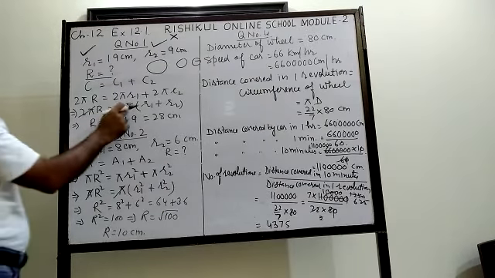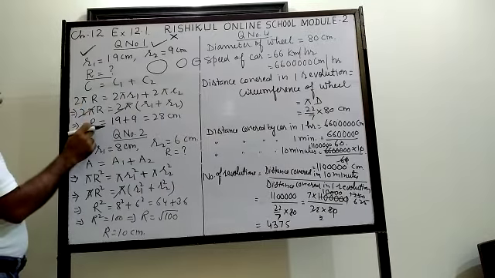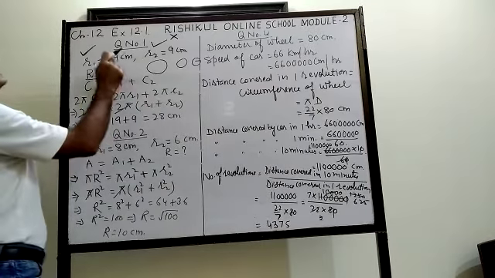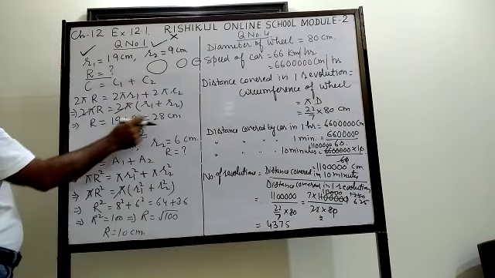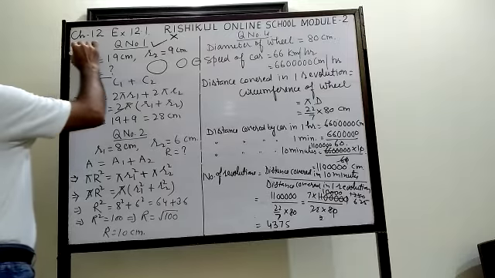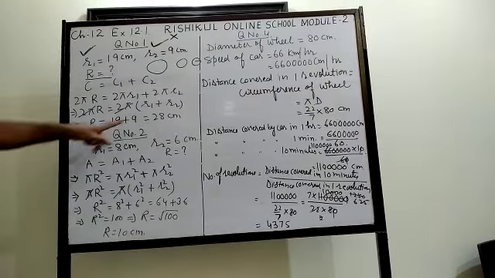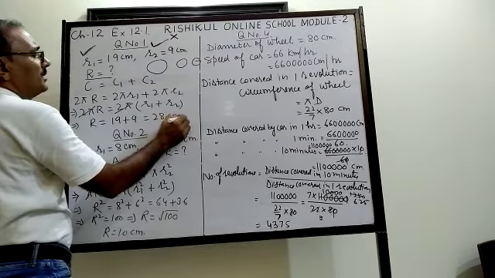And 2 pi is common, r1 plus r2, 2 pi cancelled by 2 pi, and R is equal to r1 plus r2, r1 is 19 and r2 is 9. So radius of that circle whose circumference is equal to the circumference of these two circles, capital R is equal to 28 centimeter.